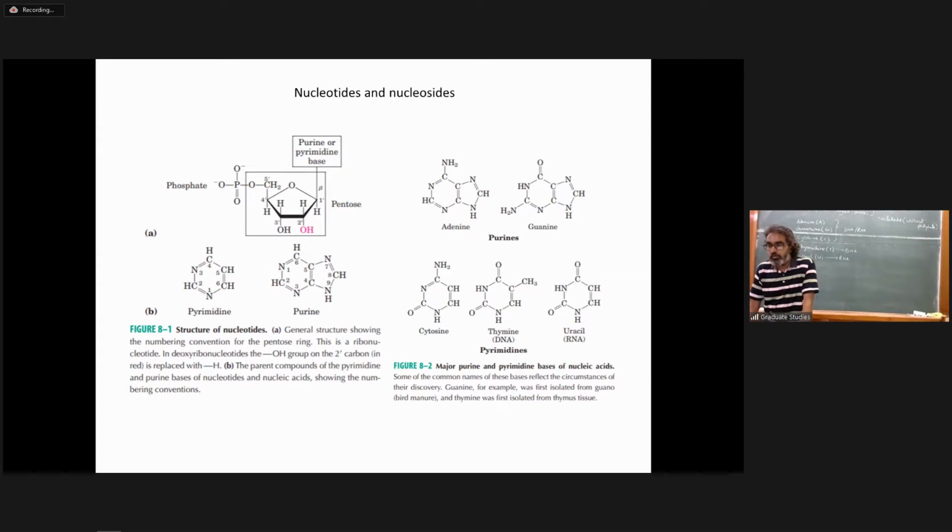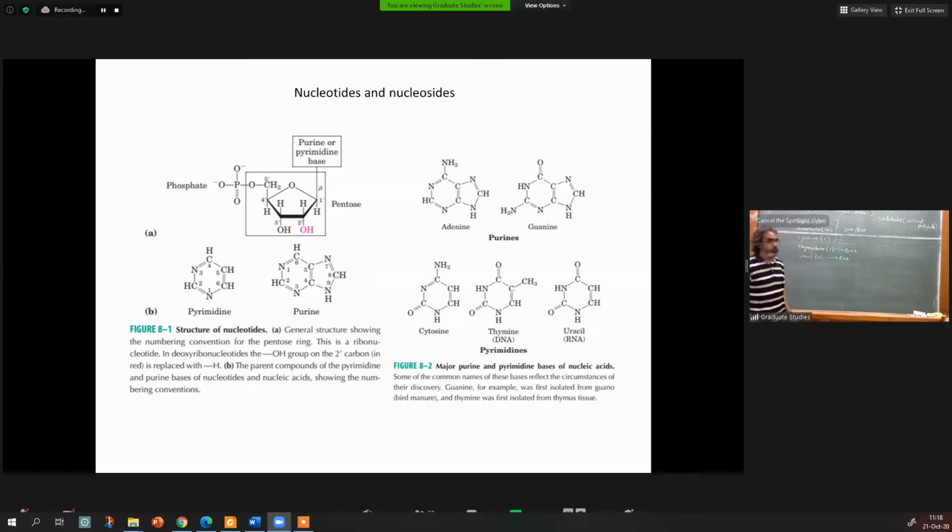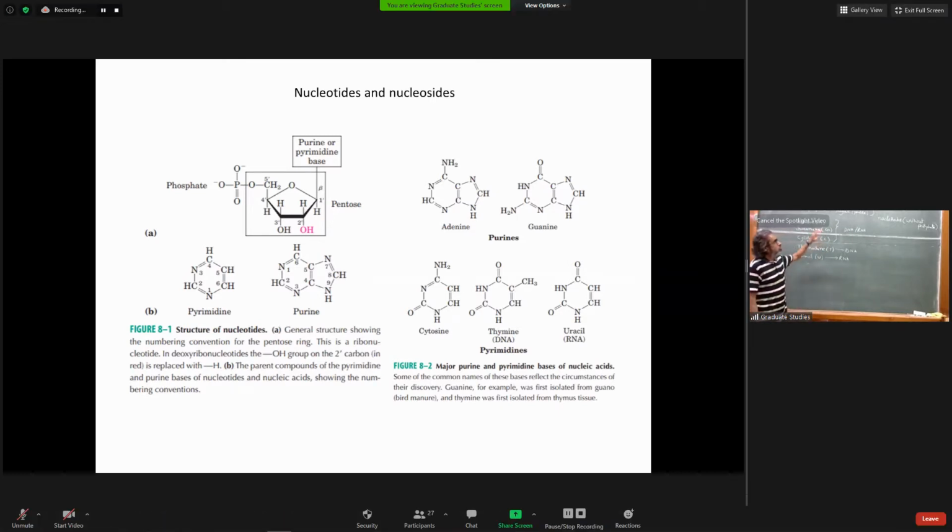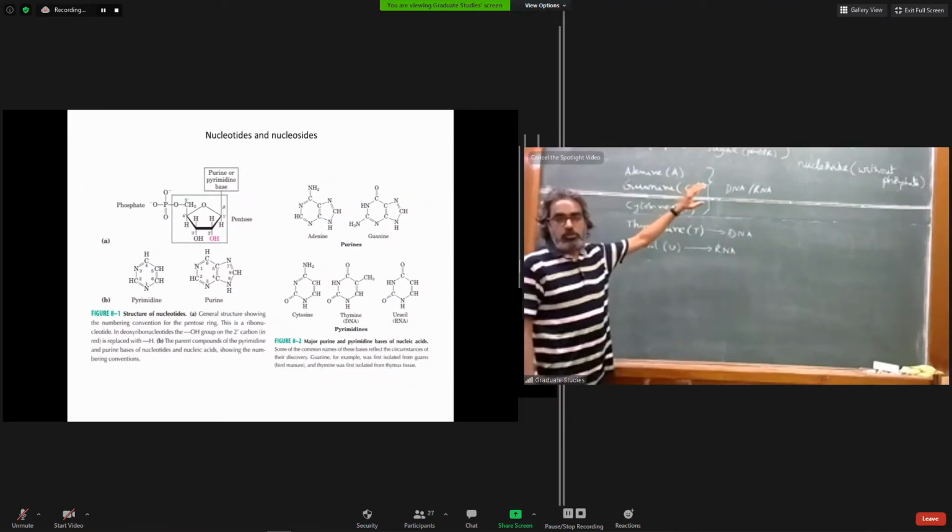So pyrimidine, so nitrogen 1 to 2nd carbon, 3rd again nitrogen, 4th carbon, 5th carbon, and similarly for purines. Okay, 1, 2, 3, 4, 5, 6, 7, 8, 9. Okay, between the thymine and uracil, the main difference is there is a methyl group which is present on carbon number 5. Okay. So this is basically the basic architecture of nucleotides and nucleosides.